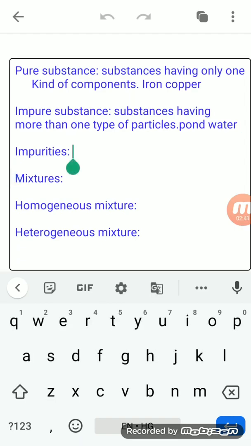The next one is impurities. Impure substance we understood, but whenever we say a substance consists of impurities, what does that mean?